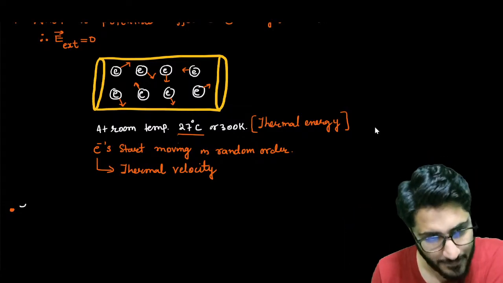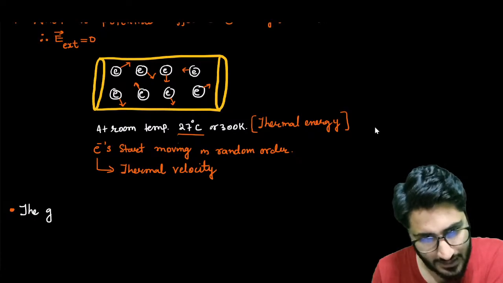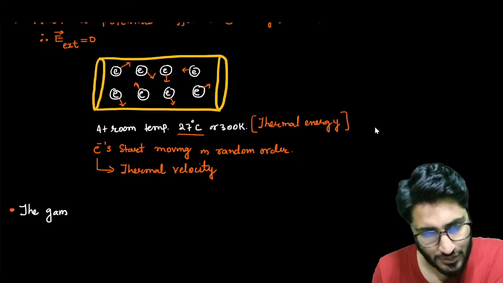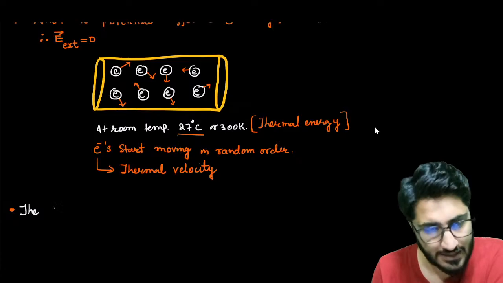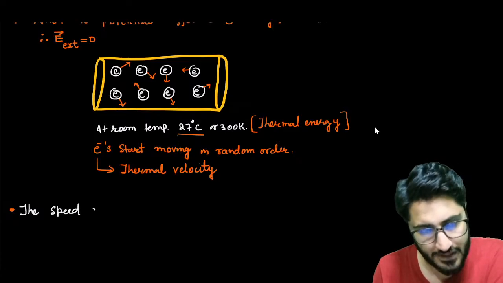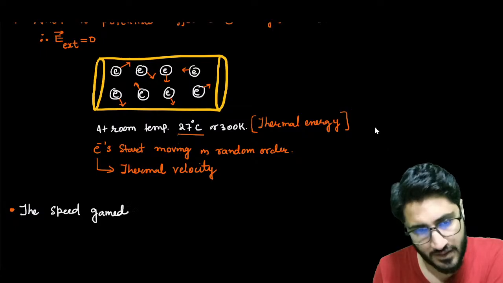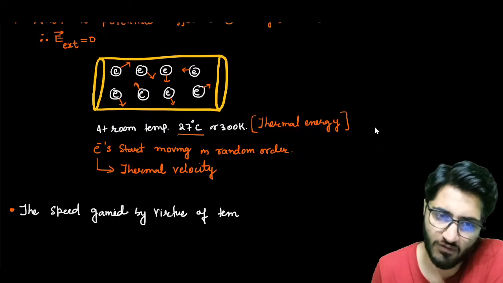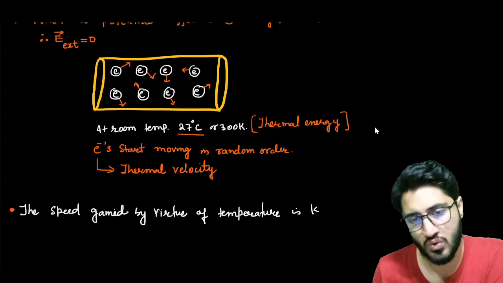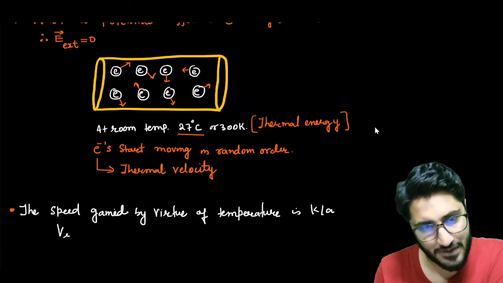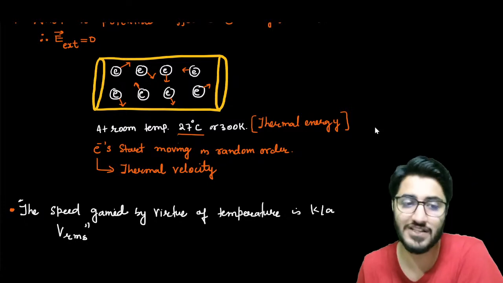So I will write here: the speed gained by virtue of temperature is known as VRMS.